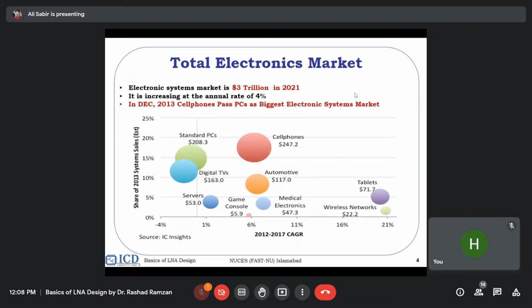So let's start from the electronics market. The electronic system market is now more than $3 trillion, and this data is from 2021, just last year's data. The amazing part is that this market is increasing by 4% every year.